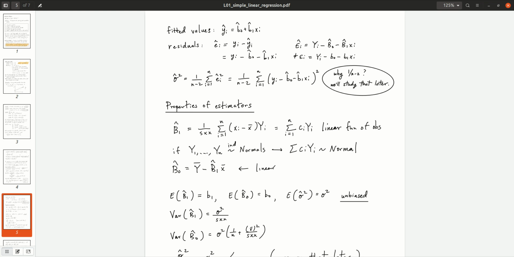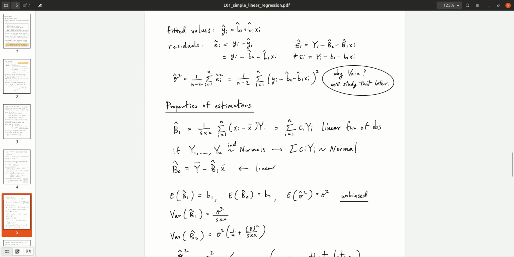The way we do that is we look at what's called the sampling distribution, which is just the distribution of the estimator.